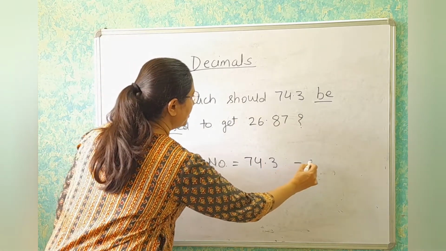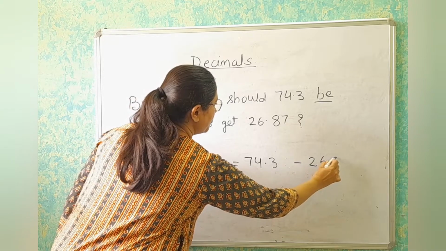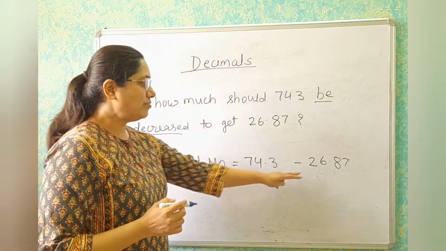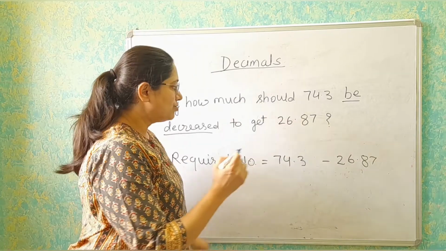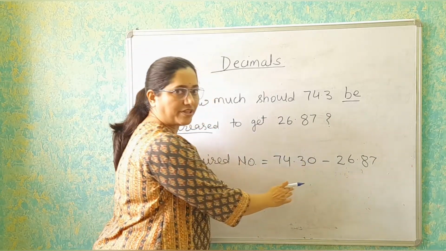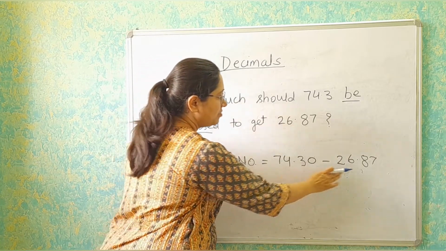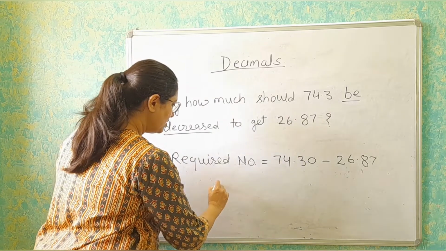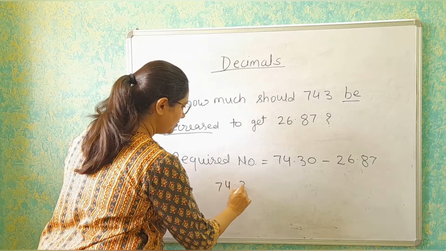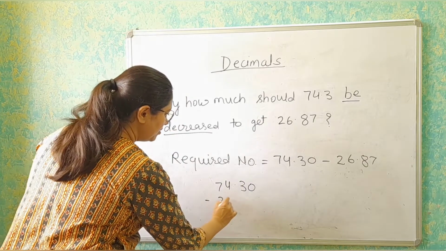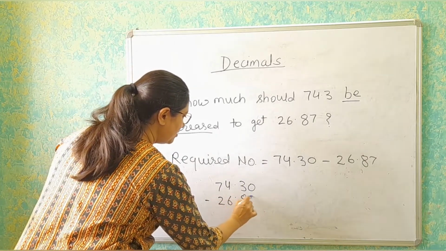74.3 minus 26.87. Again, these two numbers are unlike decimals, so I will put 0 in this number. Now both the numbers have the same number of digits in the decimal parts and now they become like decimals. First I will do the subtraction part. 74.30 minus 26.87.